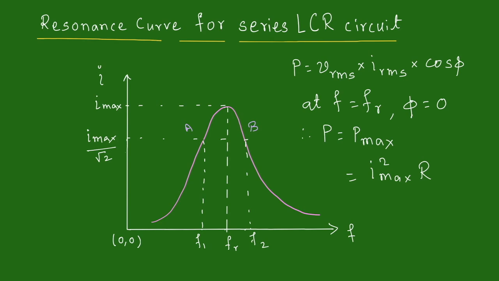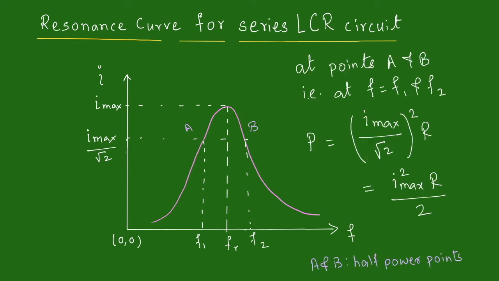That means phi is equal to 0, giving us cos phi as the maximum value equal to 1. And hence, at resonant frequency, power consumed by the circuit is maximum, and that will be equal to I maximum square into R. Power is consumed only by pure resistance of the circuit.